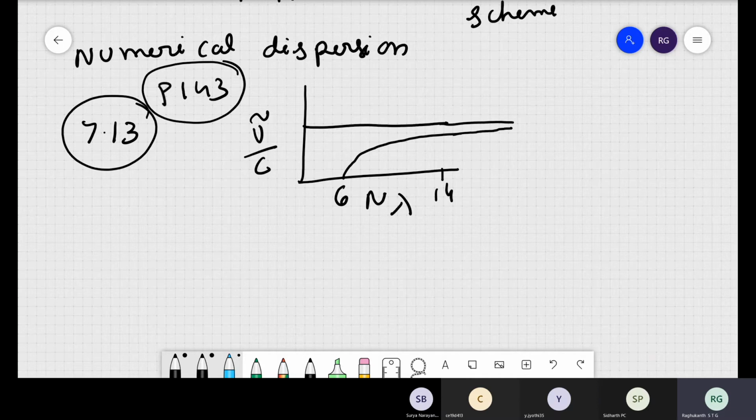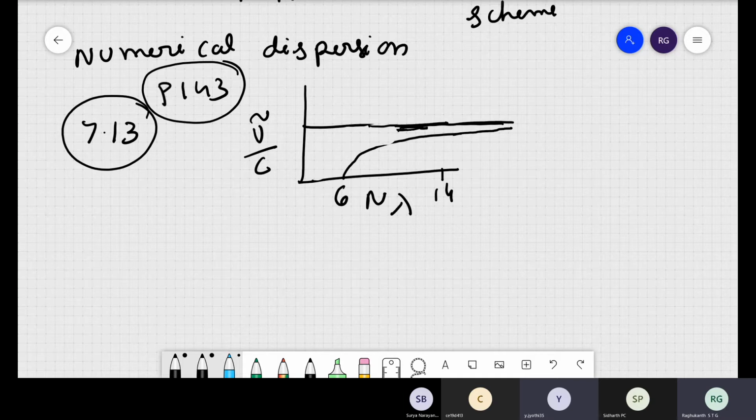If you take 2 comma 4 or higher order schemes, say 4 comma 4, one can show that with 6 points per wavelength, they almost reach 1 itself. You can see those graphs in that page. Let me draw properly.